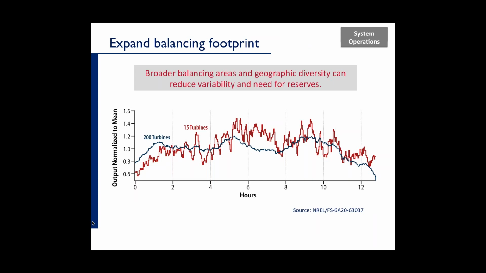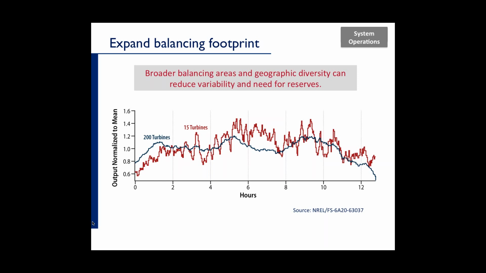is expand the balancing footprint. Larger systems are generally easier to balance, and that comes about for two reasons. One reason is that the demand tends to smooth out over wider areas. So one region might be experiencing an increase in demand at the same time a neighboring region is experiencing a decrease in demand.